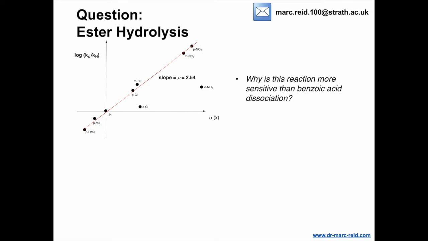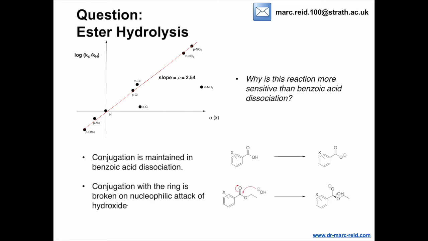If we probe this example a little deeper, you might ask, why is this reaction more sensitive to substituents than benzoic acid deprotonation? One way to think about this is to consider the carboxyl group in the reference reaction before and after deprotonation. The carbonyl group remains intact.